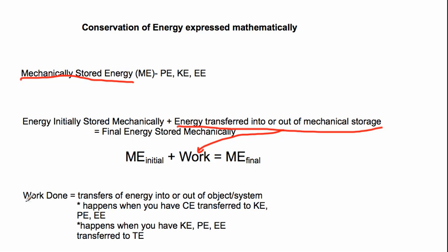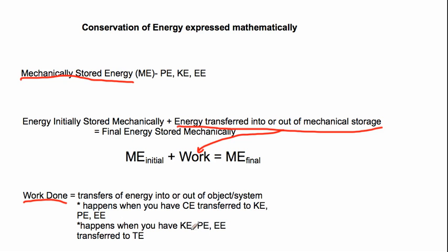Now, how would you know if work was done, if energy was transferred into or out of the object or system? Well, typically it will happen if you have some energy that's stored chemically that's somehow transferred to KE or PE. For example, that's what happens when you start to run. The energy that's stored chemically in your body gets transferred to kinetic storage when you start to move.